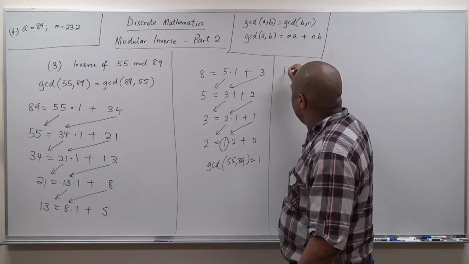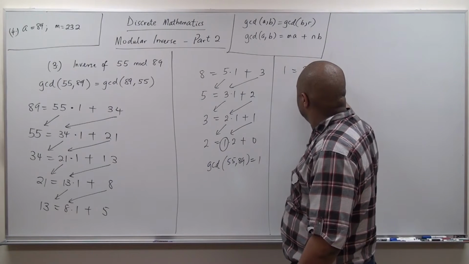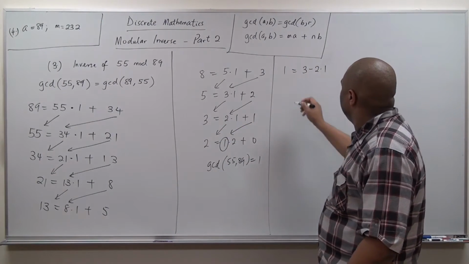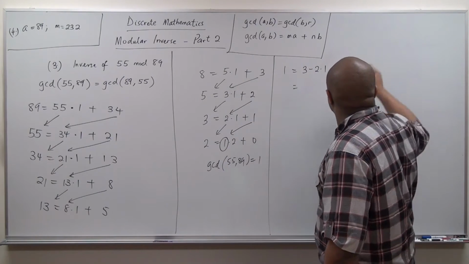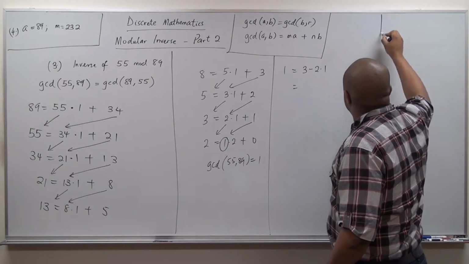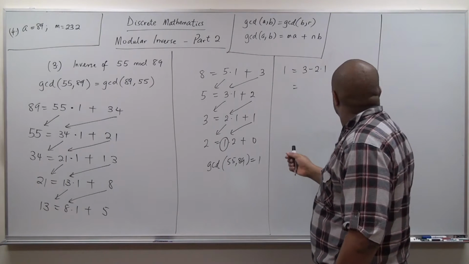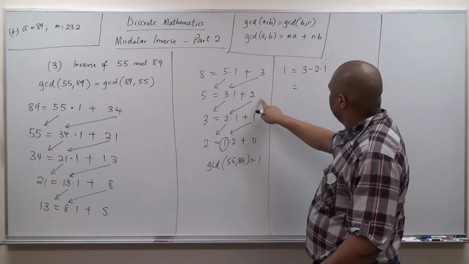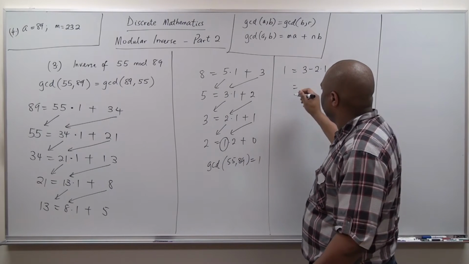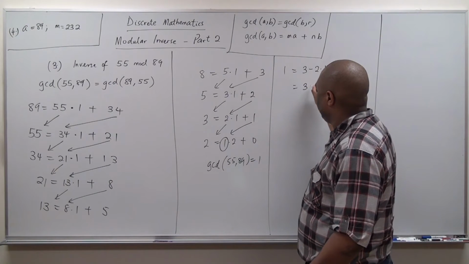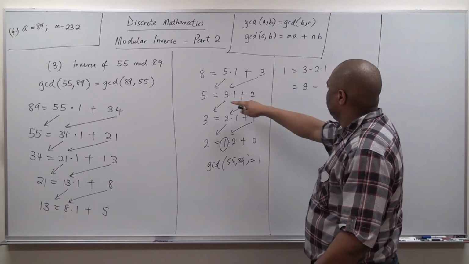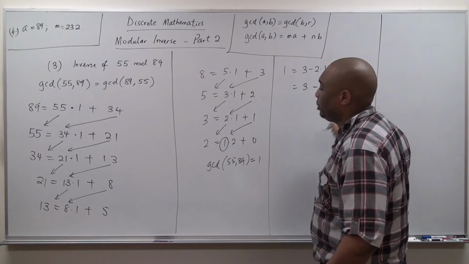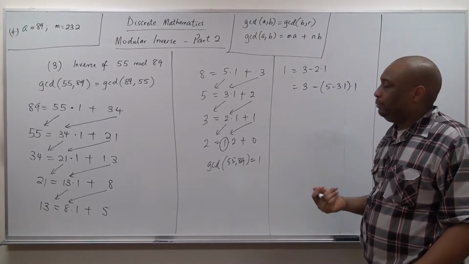So we'll have that 1 is equal to 3 minus 2 times 1. And this is equal to, let me make some space here, 2 is the remainder here, so this is 3 minus (5 minus 3 times 1) times 1.